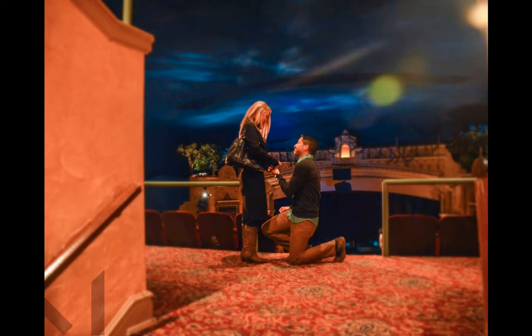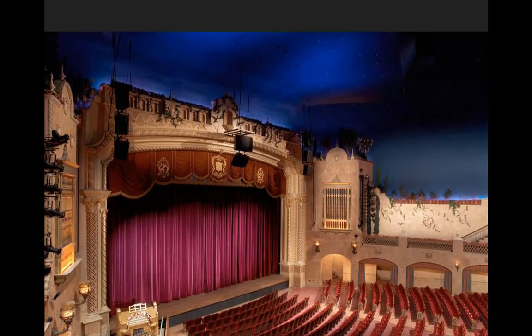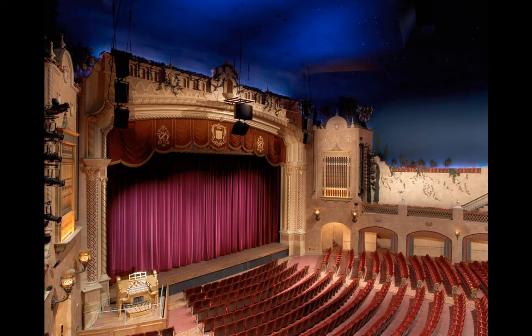But needless to say, you can't really see it in this picture, but here in that lower left-hand corner you can see what looks kind of like a piano, and that is actually a Mighty Wurlitzer organ. It's original to this theater. It was actually the grand gem of this theater when it opened.